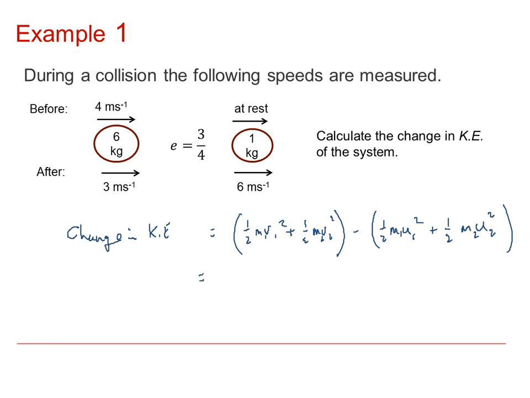Now if we calculate that for this particular situation, we've got a half multiplied by 6 multiplied by 3 squared, plus 1/2 multiplied by 1 multiplied by 6 squared, and then minus 1/2 multiplied by 6 multiplied by 4 squared, plus of course 0 for the mass which is at rest.